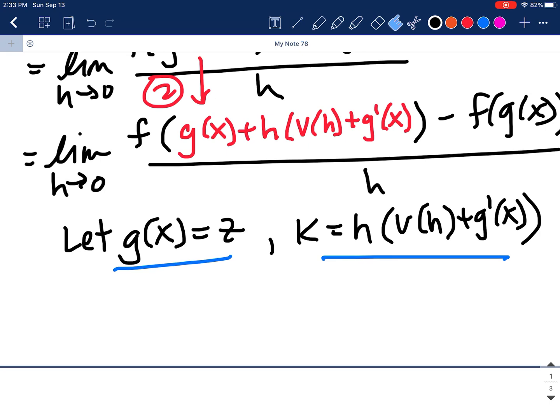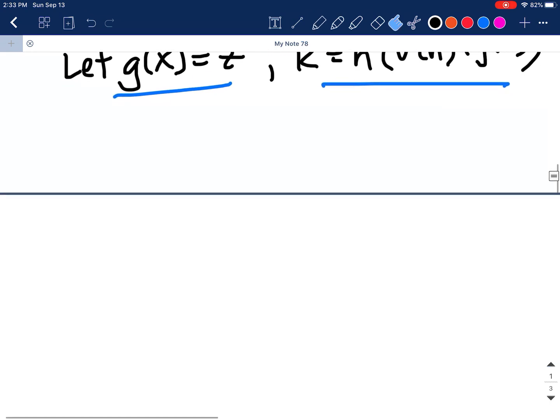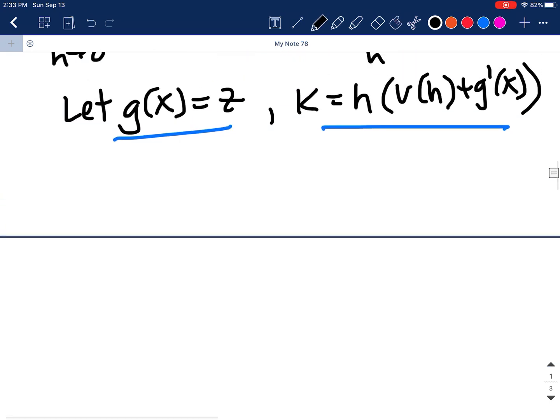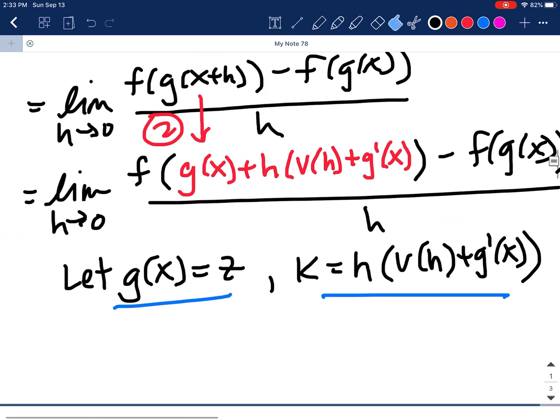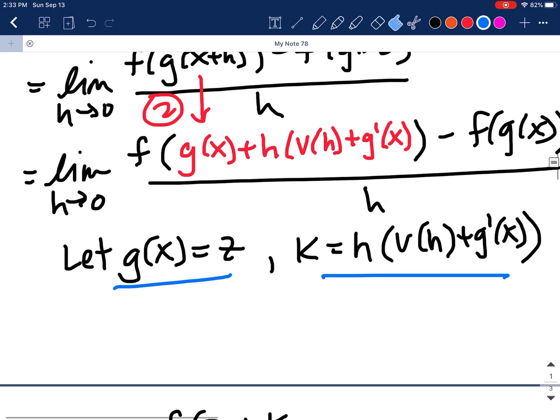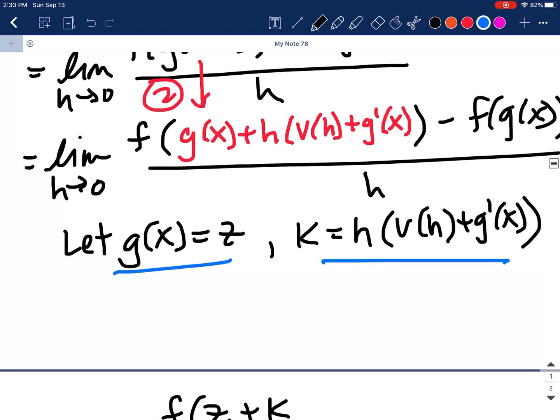So now we're going to rewrite that limit with those two substitutions. So we'll get equals the limit as h goes to 0. Now it's going to be f of z plus k. So note, that is z.